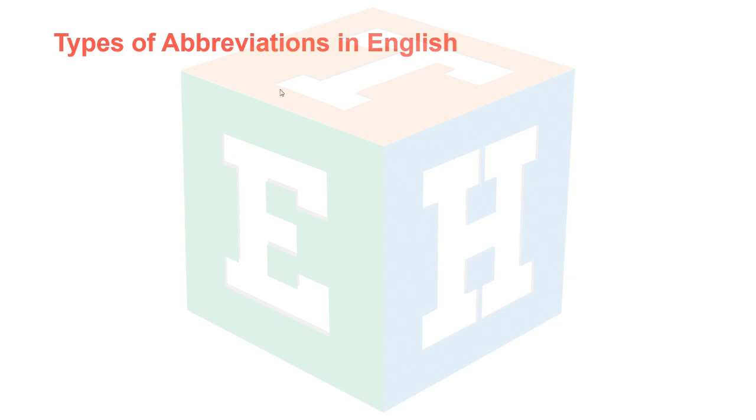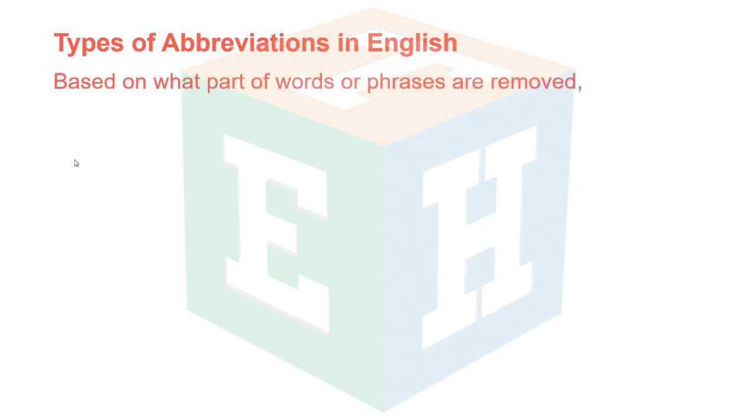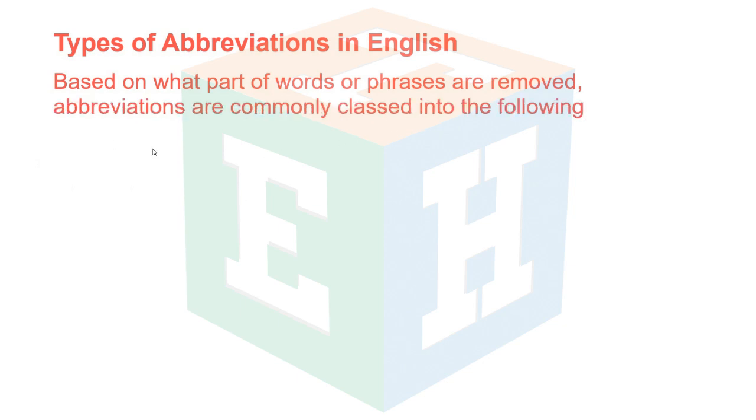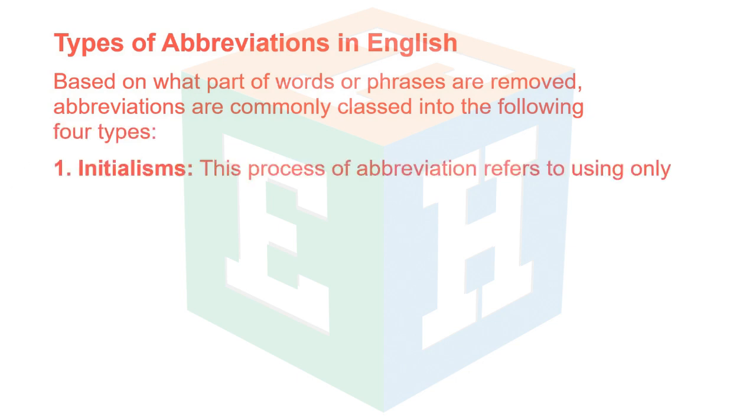Types of abbreviations in English. Based on what part of words or phrases are removed, abbreviations are commonly classed into the following four types. Number 1, initialisms. This process of abbreviation refers to using only the first letter of each word or phrase.